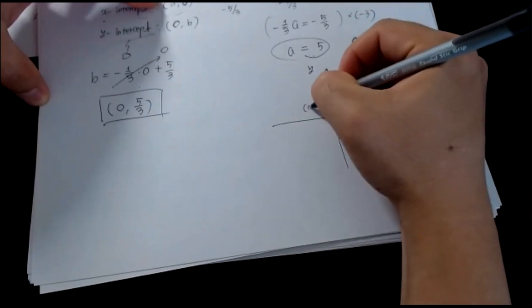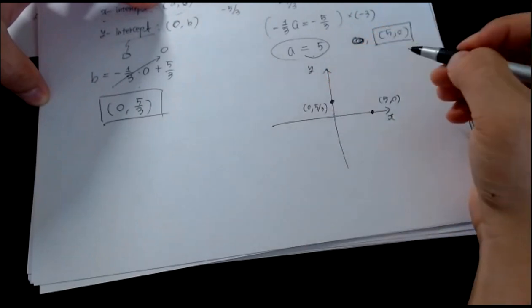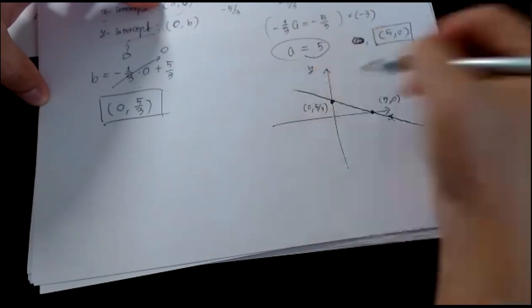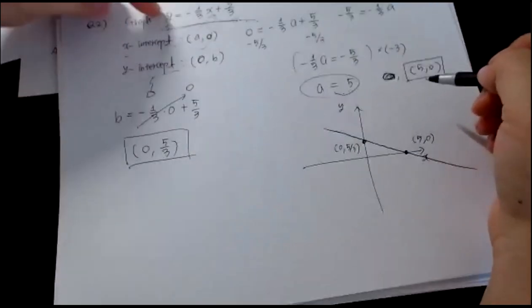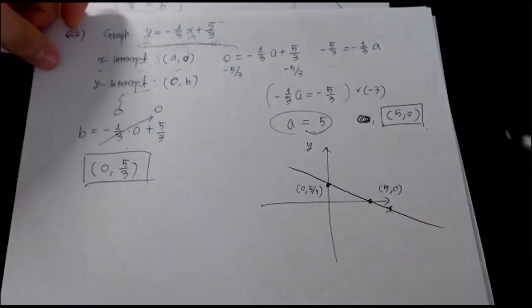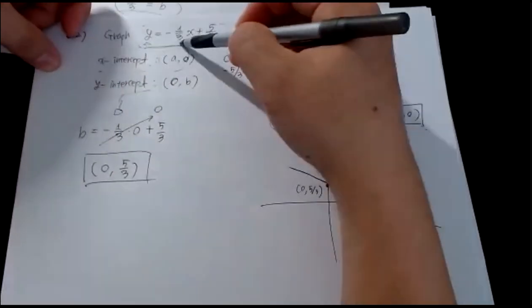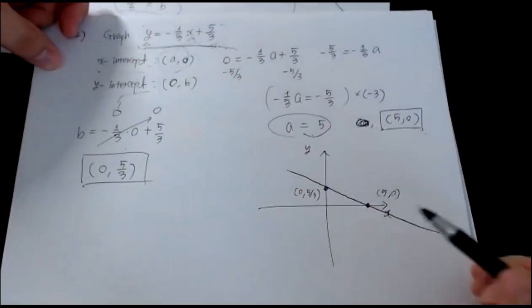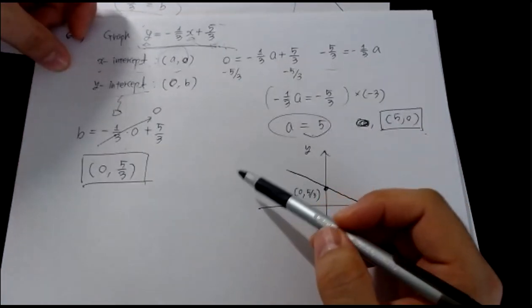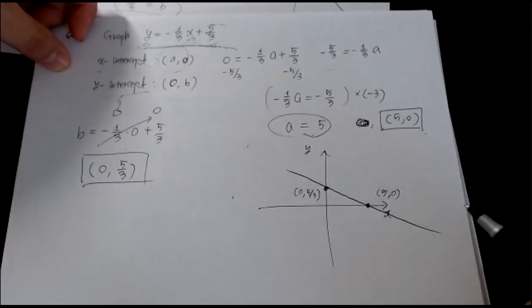So we connect the two points like this. That's the graph of that line. And it makes sense. Why? Because m is negative 1/3, which is negative, so we see the graph goes from left top to right bottom. Yeah, makes sense.